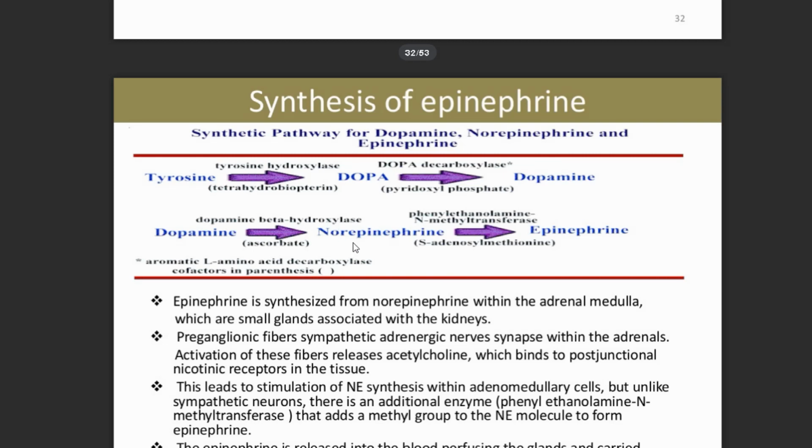Now we have to convert the norepinephrine to epinephrine. This will be by phenylethanolamine N-methyltransferase, which will cause the norepinephrine to convert into epinephrine.